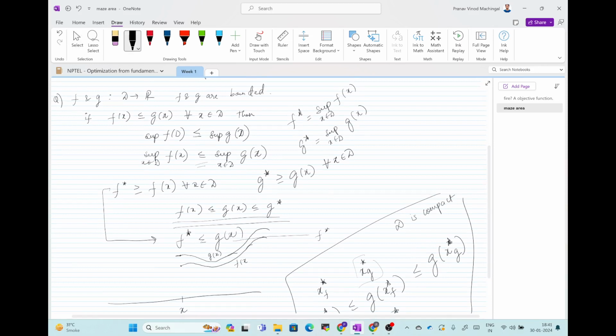What this is saying is f of x is less than or equal to g star for all x in D, right? And we know f star is the lowest upper bound. So that means f star should be less than any other upper bound, that is g star.